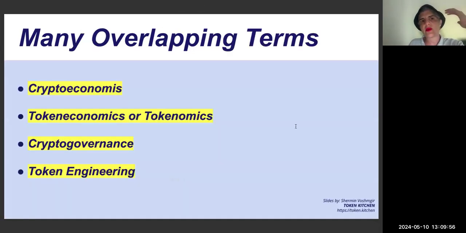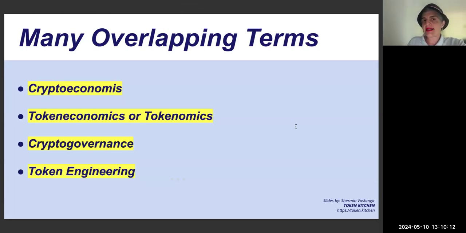And we mentioned last time that there are many overlapping terms to describe this new emerging discipline around designing token systems, from cryptoeconomics to tokenomics to cryptogovernance to token engineering.